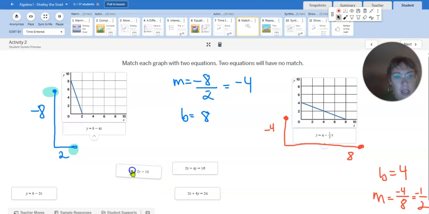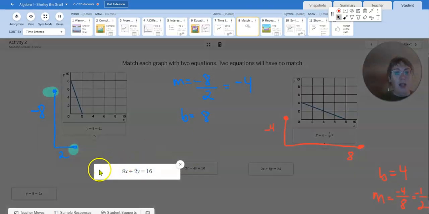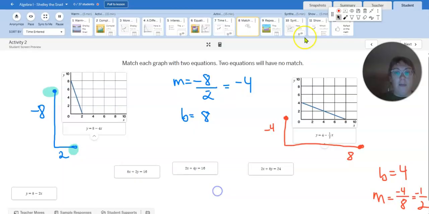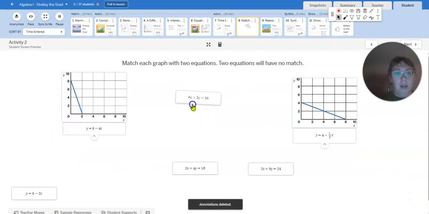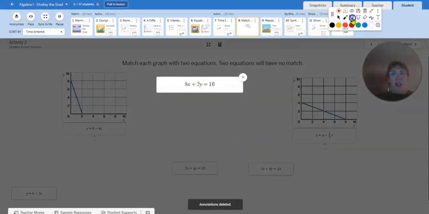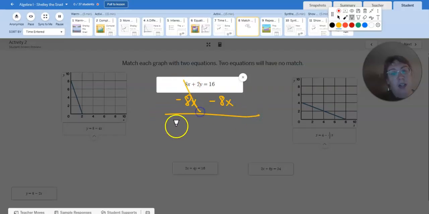So looking at these 3 equations in standard form, we're going to want to rearrange this so that it is in slope-intercept form. So I'm going to clear my board and we'll look at this first equation here. If we were to solve for y, we'll subtract 8x on both sides first, and then we get 2y equals 16 minus 8x.